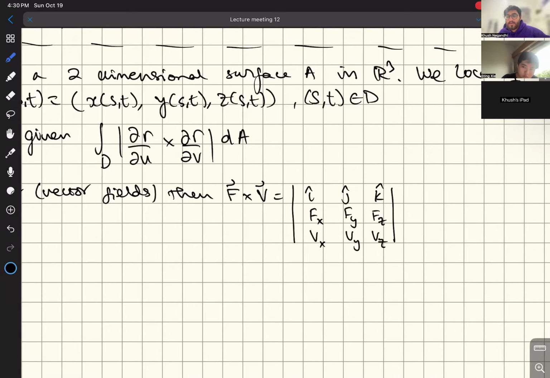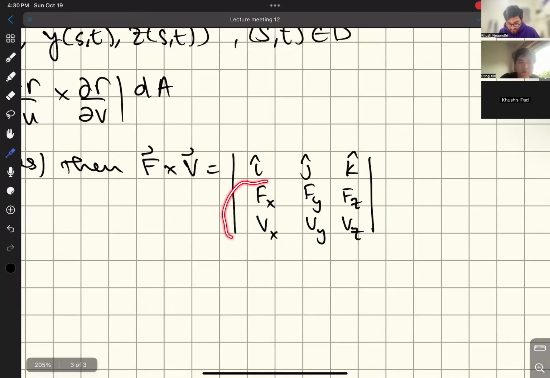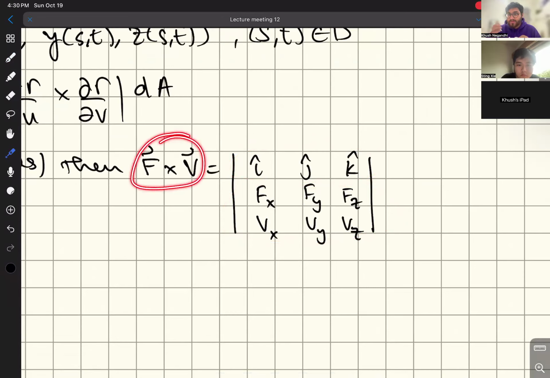Again, this looks extremely unnatural. I will keep emphasizing this fact. Also, do you see why two plus one equals three is now important? Because we have two things and we could get the perpendicular object.